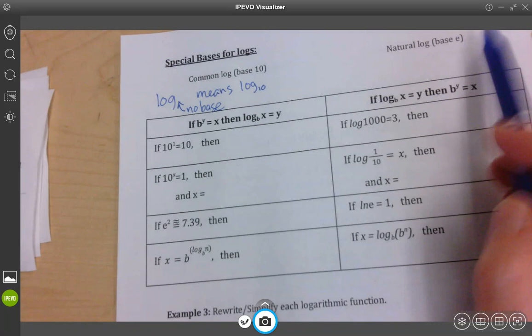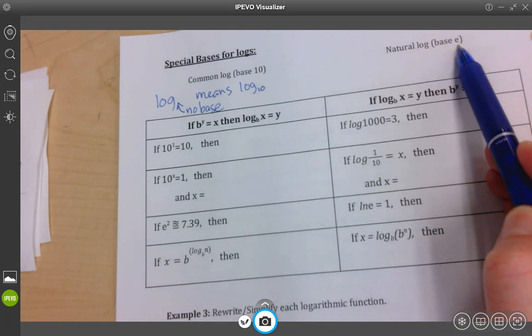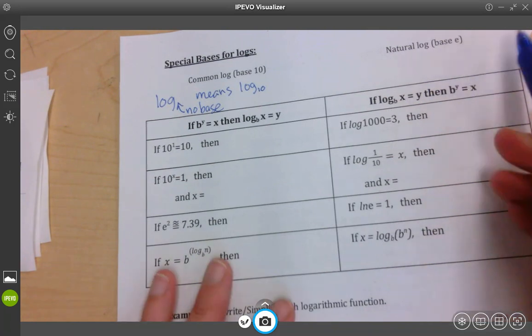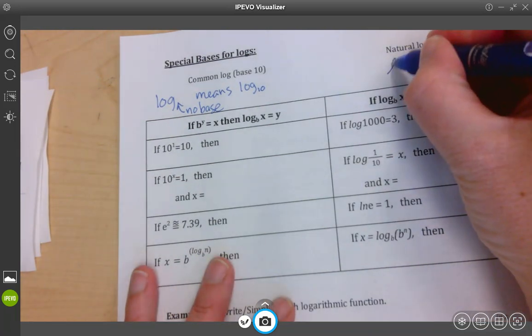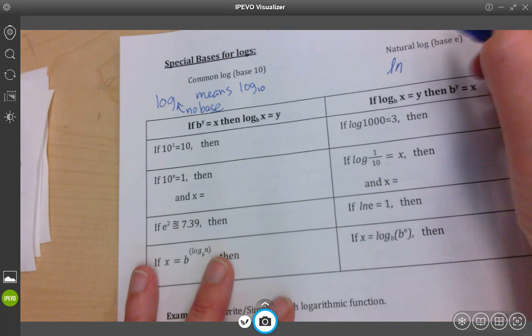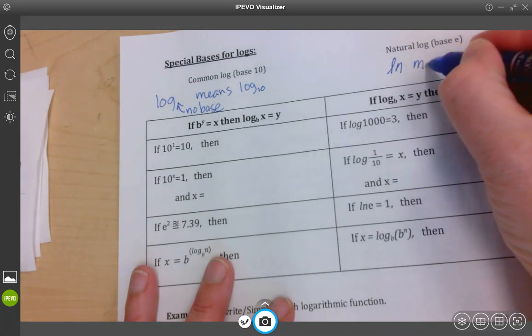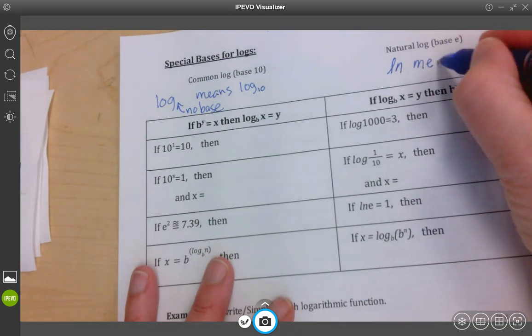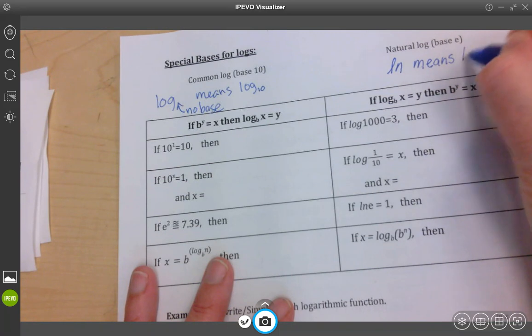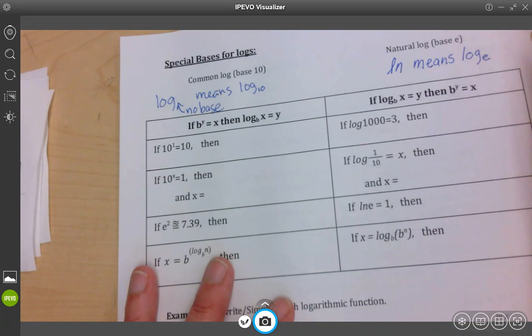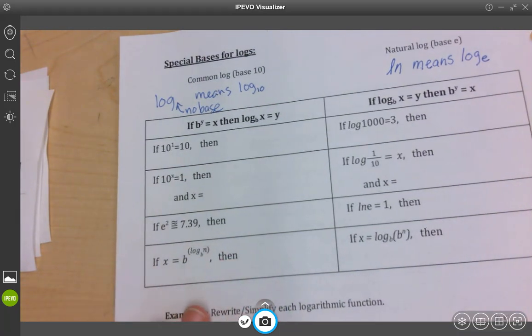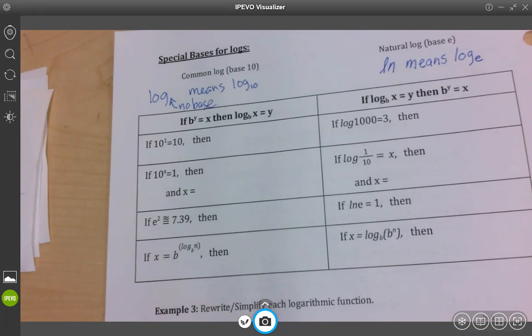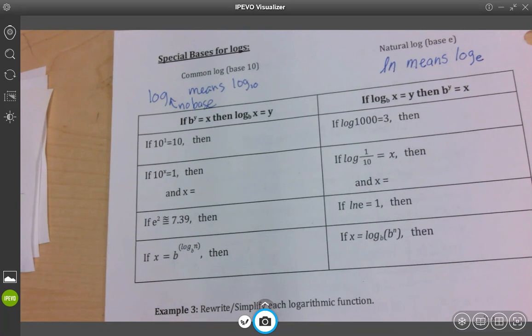Remember that we used Euler's number when we were doing continuously compounded interest? It's called ln, and ln means log base e. Now remember, e is not a variable. e is an irrational number, like pi is an irrational number, about 2.7, but it has a lot more digits than that.